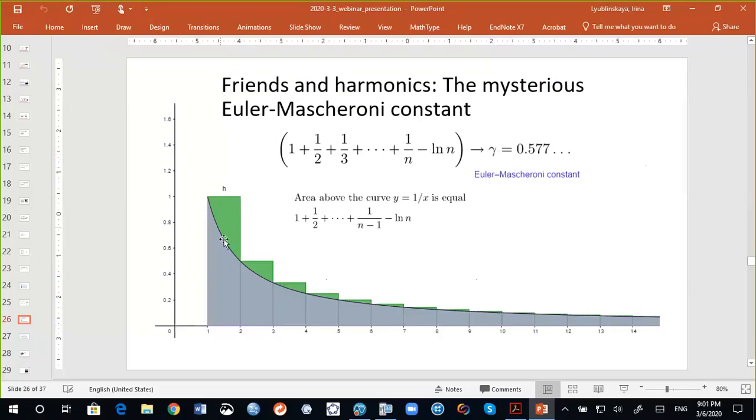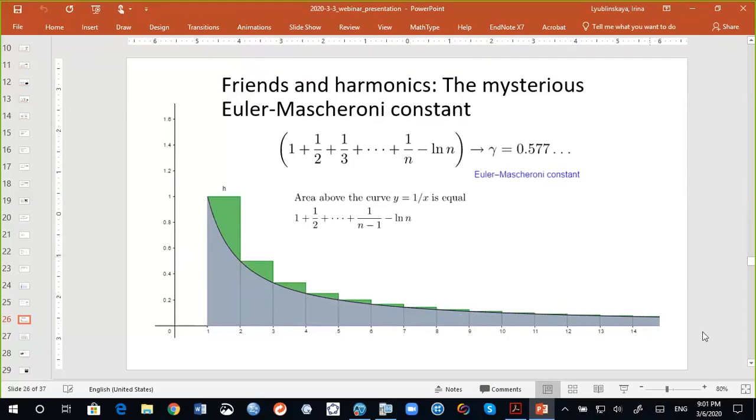So on this graph, we have a function which is natural log x, and then we have those bars which represent numbers in the harmonic series, 1, 1/2, 1/3, 1/4. If we now look at the areas of all the bars above natural log, then as we limit the number of those bars to infinity, we will get the value of gamma. Okay, so that's what it represents.